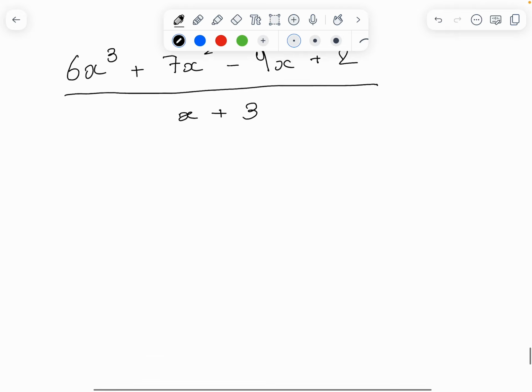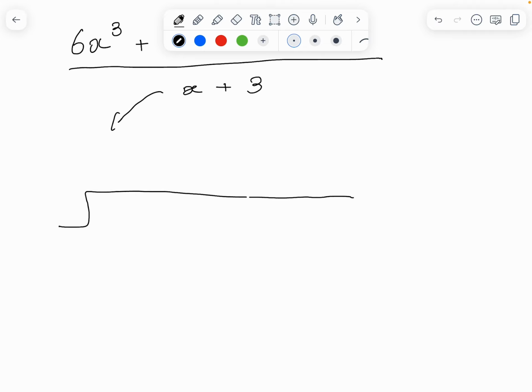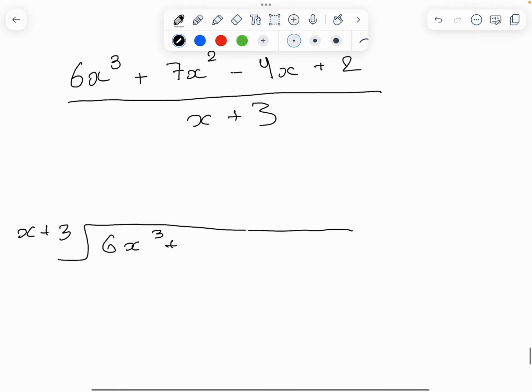So you place it in terms of its normal division. The denominator, x plus 3, goes this side, and the numerator goes there: 6x cubed plus 7x squared minus 4x plus 2.